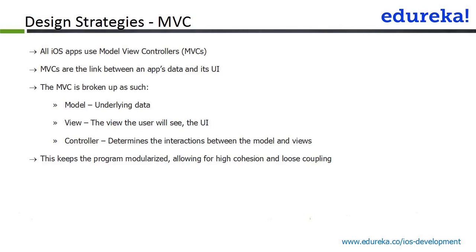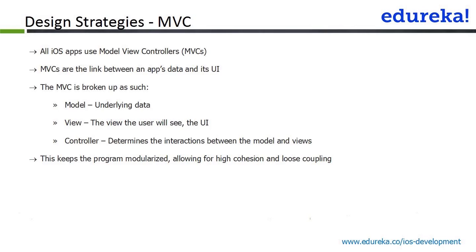MVC is a design pattern used to separate the three layers. It's designed in such a way that there is loose coupling between all these three layers. So what that does is that changes in, say, the underlying data structure will have very little impact on the view, the user interface. So that's the advantage.